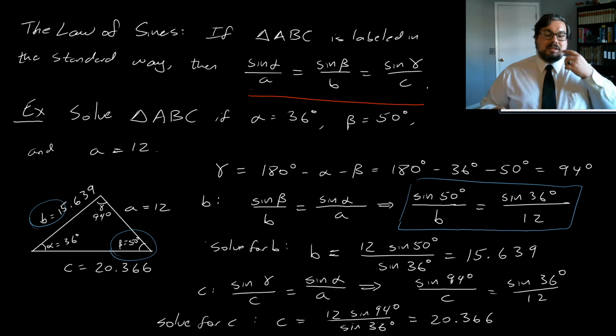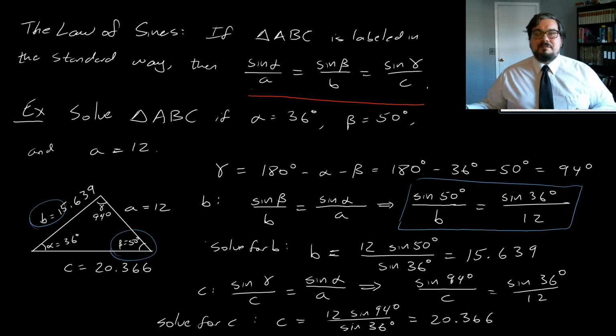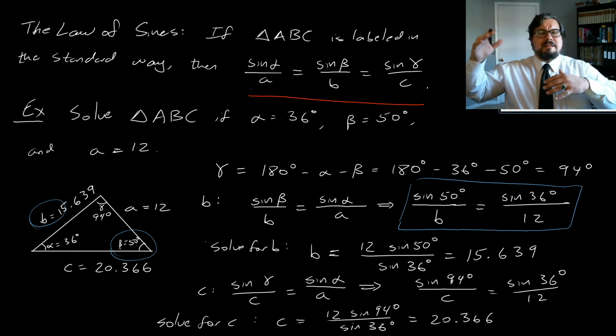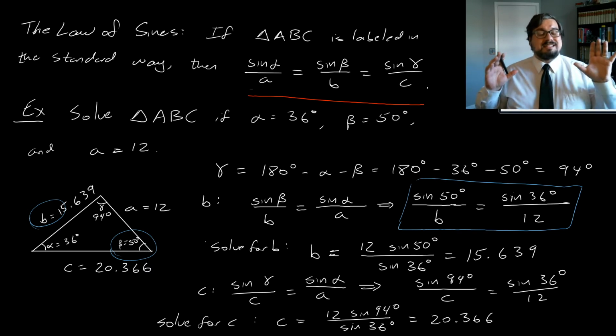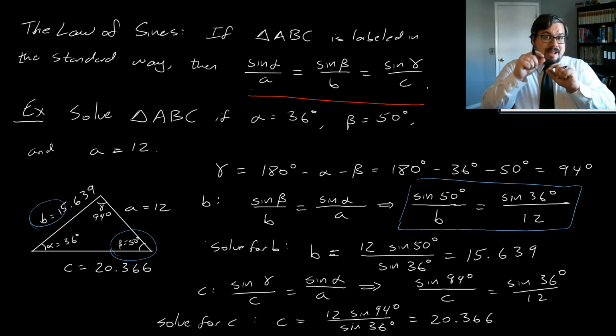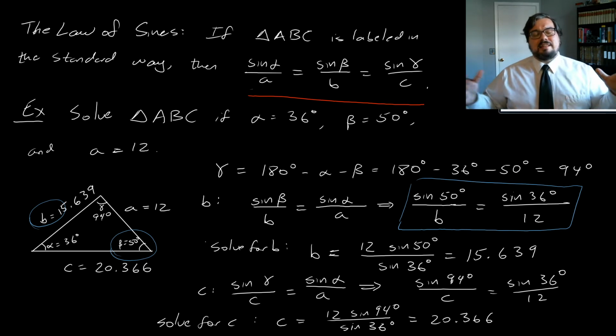I wouldn't expect to have a side length of 12 and then a side length of 15 and then a side length of 2,000, something like this. There can be quite a bit of variation, but if there's a huge difference between two sides of the triangle, that means that one of your angle values must be very, very small. And so if you don't have that, then you should expect your side lengths to all be approximately in the same ballpark.